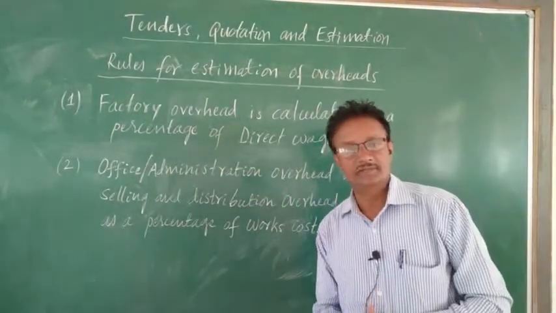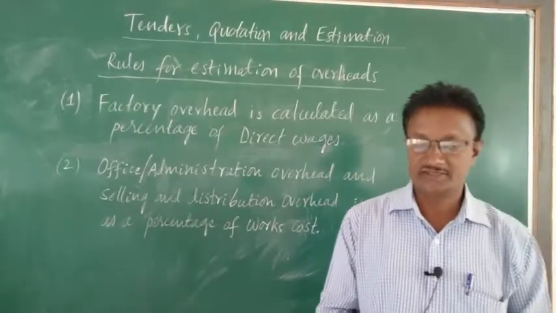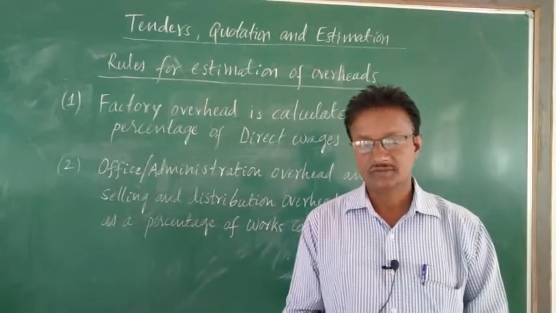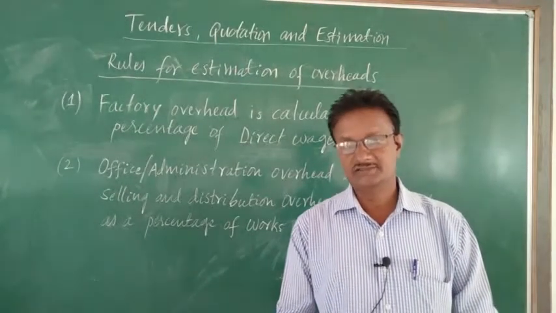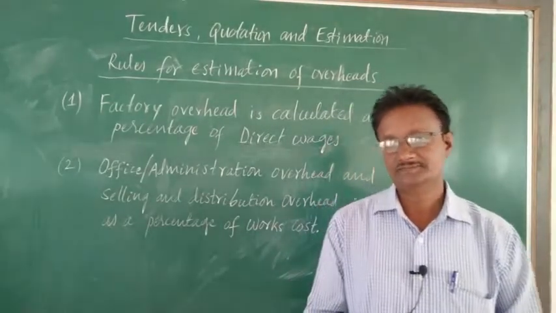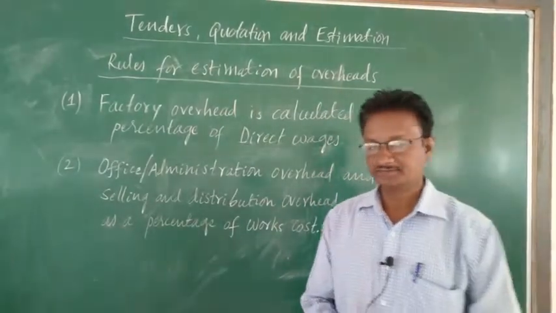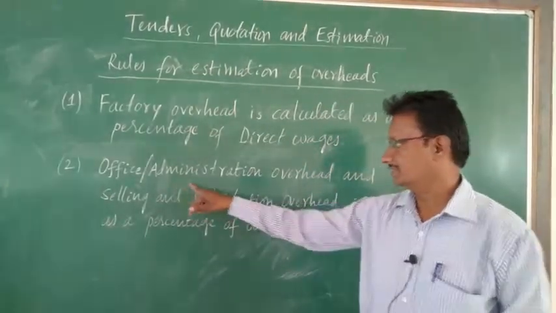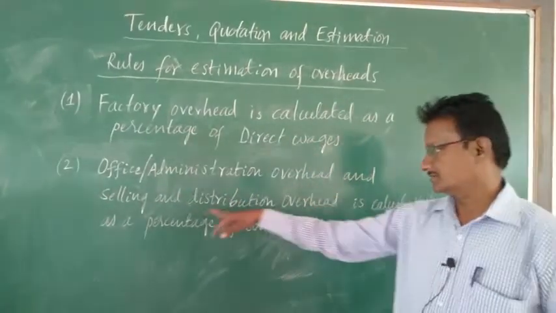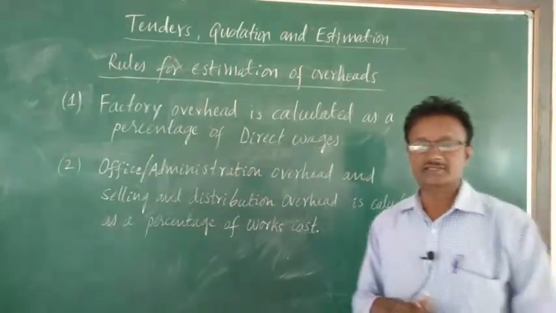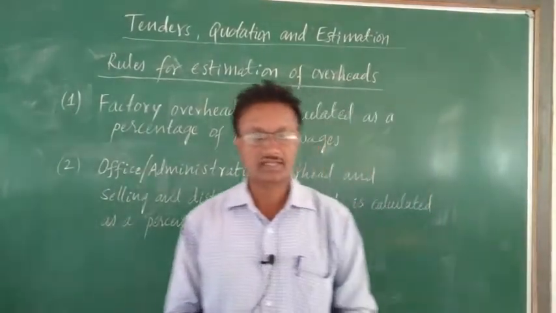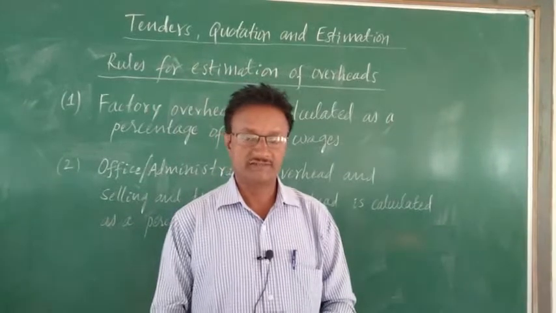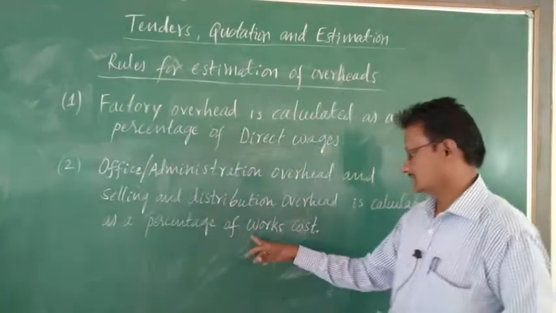The relation between factory overhead and direct wages is taken to calculate the percentage of factory overhead on direct wages, and all other overheads, that is office and administration overhead and also selling and distribution overhead, are calculated as a percentage of works cost.